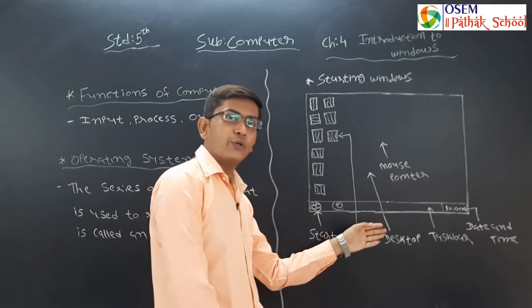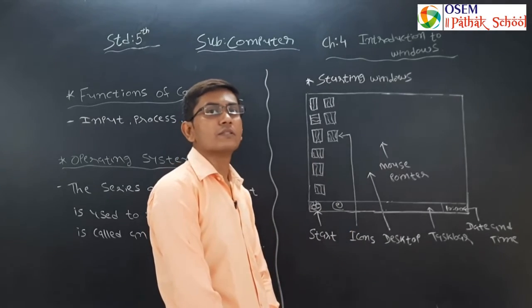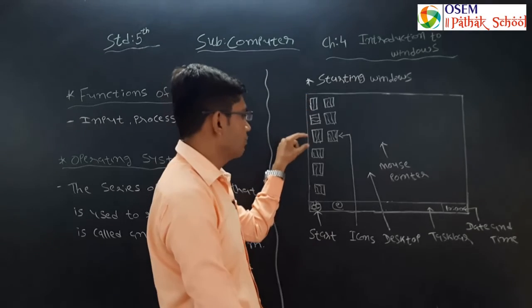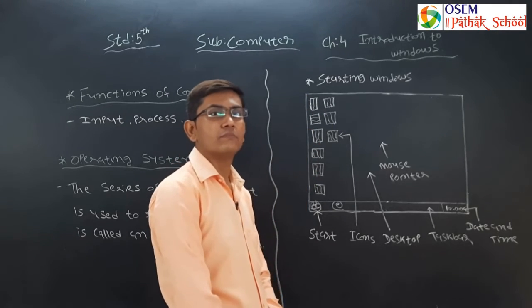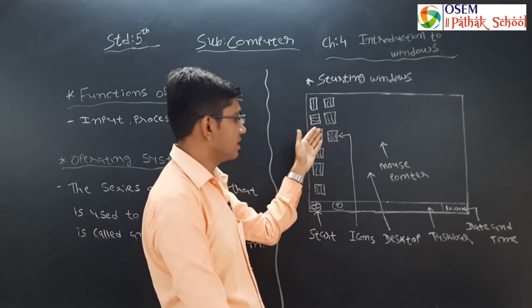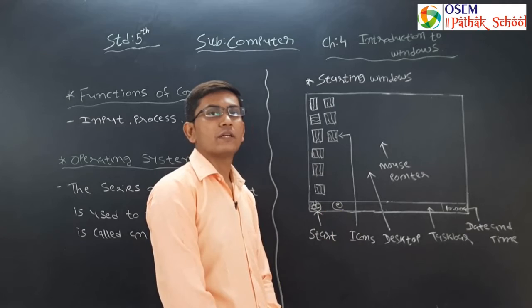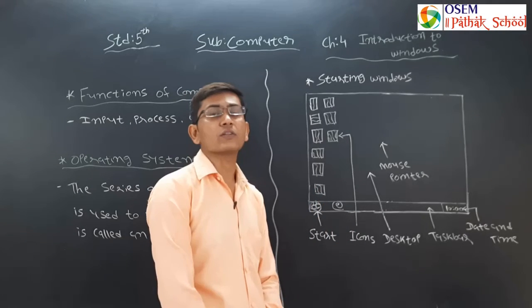In desktop, you can see many things, such as on the desktop you can see small pictures available on the screen, and these pictures are known as icons. These icons can be different from one computer to another.